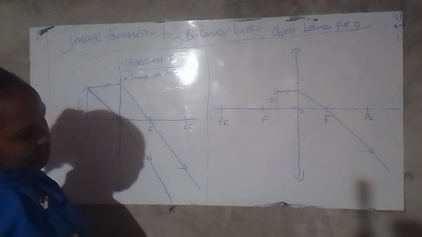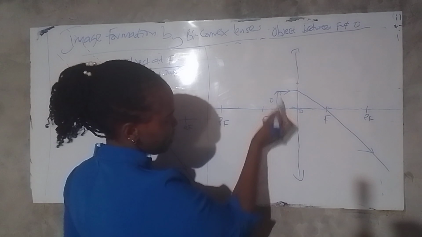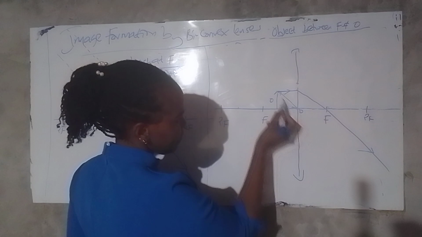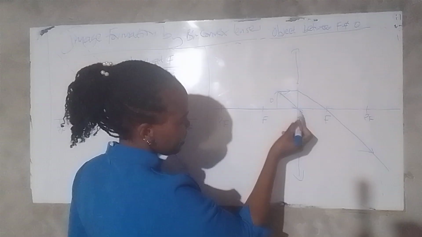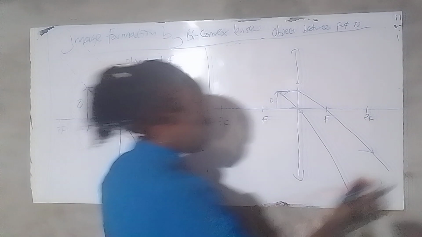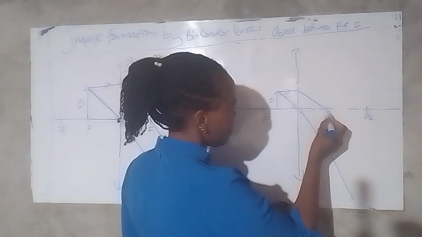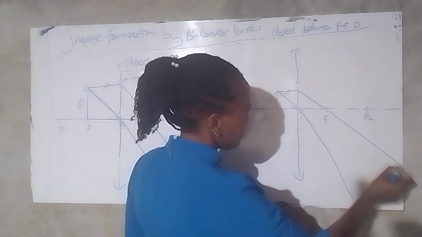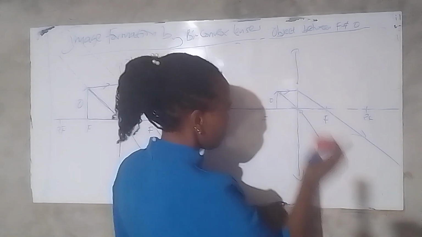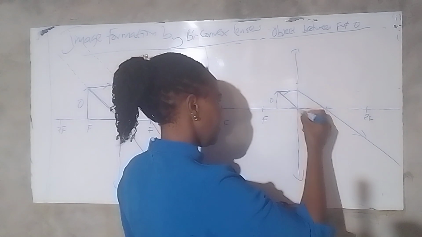The second ray should come from the tip, passing through the optical center, and that ray should pass undeviated. So this ray is moving through F, and the other one is passing through the optical center, and it is passing undeviated.